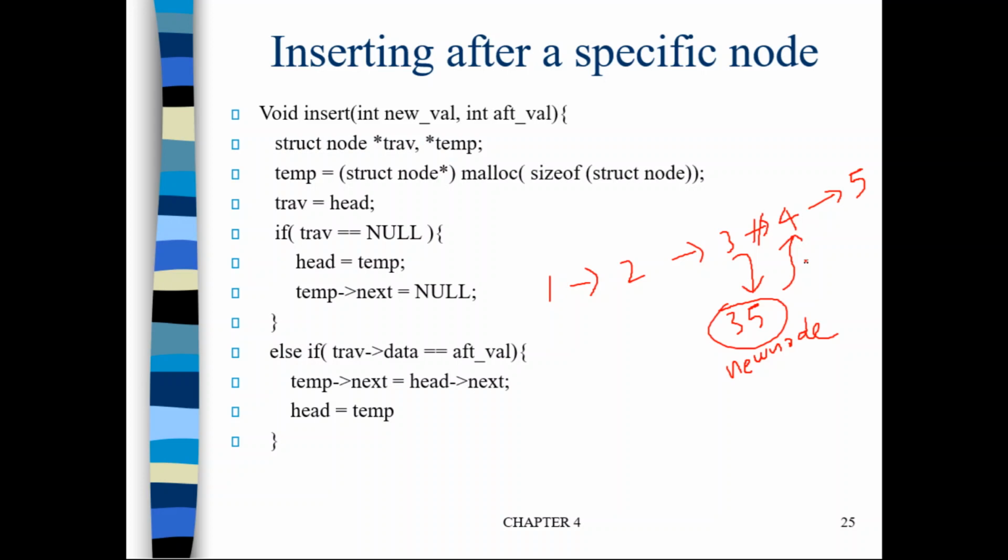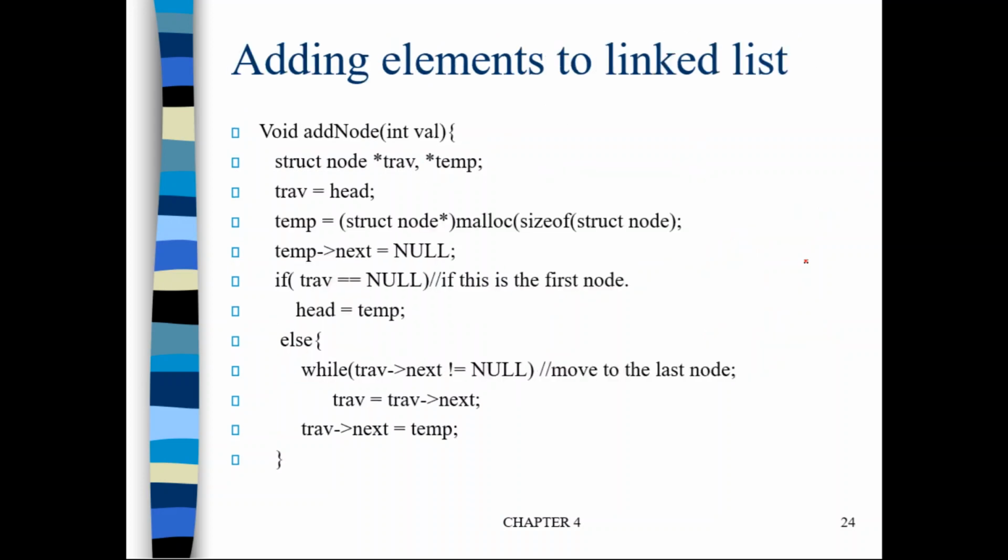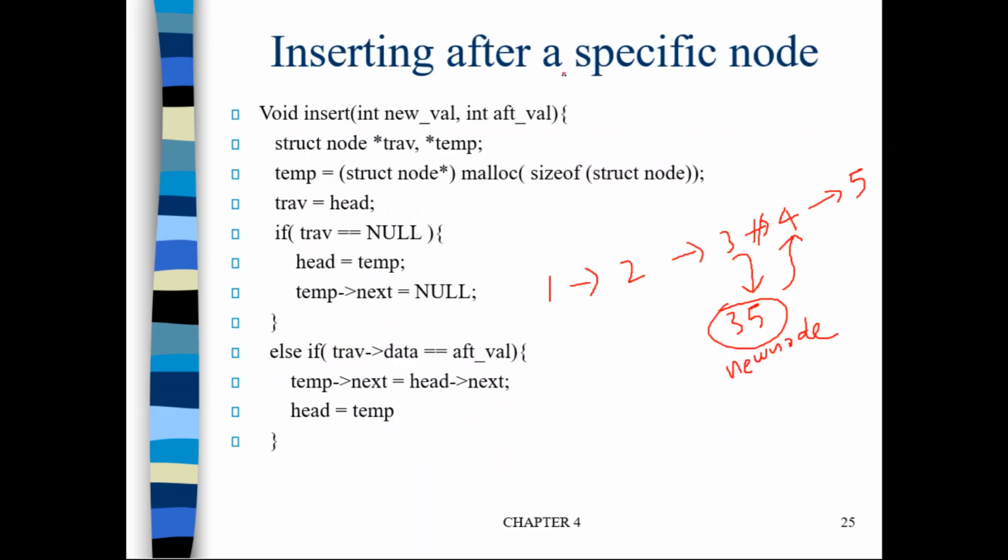The first thing is, what if the user is trying to insert when there is no node in the list? Assume that the linked list is empty. Normally when the linked list is empty, you should add nodes by using add nodes. But the user is trying to insert a new node in an empty list.